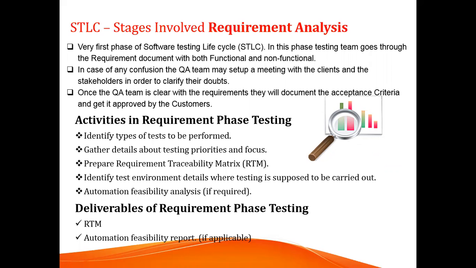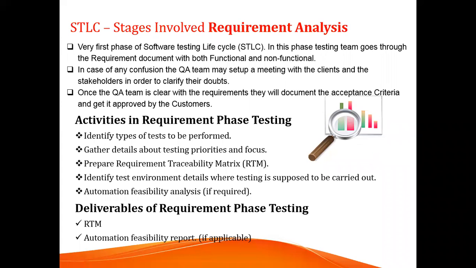If you assume the left side has the requirements, requirement 1, requirement 2, requirement 3, and the right side has the test scenarios for requirement 1, test scenarios for requirement 2, and so on.